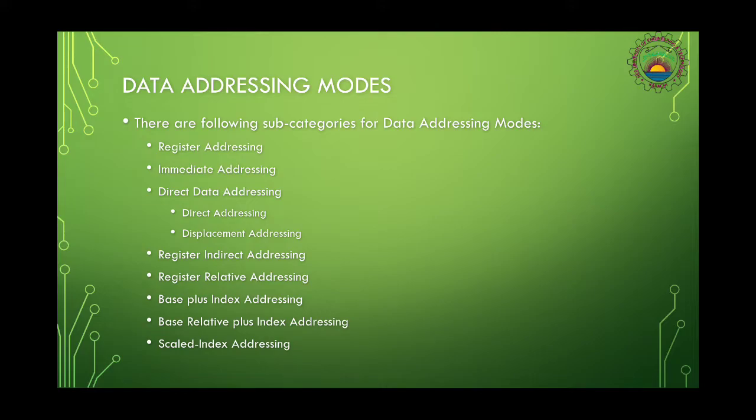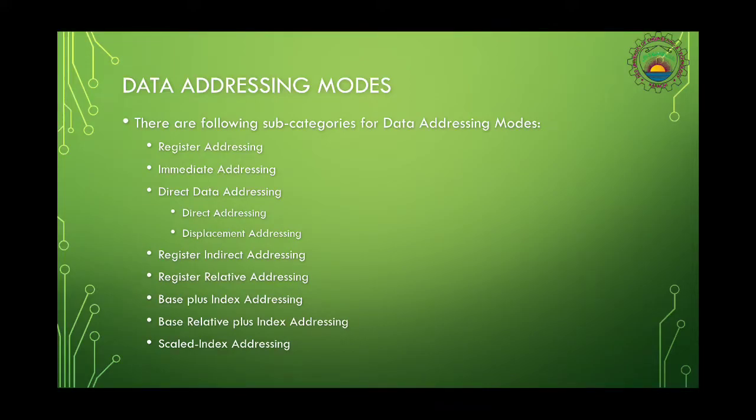In second addressing mode, immediate addressing, first operand may be a register or memory address, and second operand will be an immediate number. So we will be discussing this addressing in later slides. Third addressing is direct data addressing.